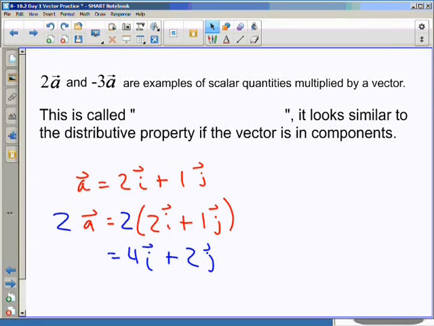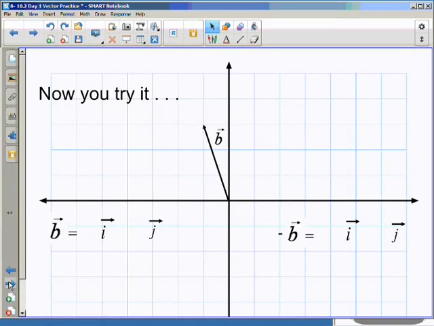So let's continue here. Give this a try, see what you get for vector B and its components, and then what negative B would look like. You've done this work already, yesterday in the previous lesson. But there you go, negative 1i plus 3j.